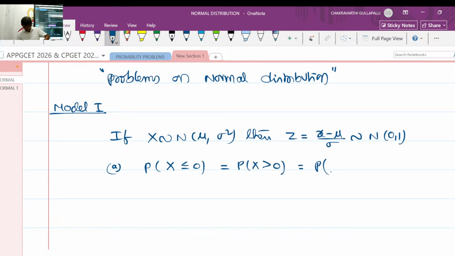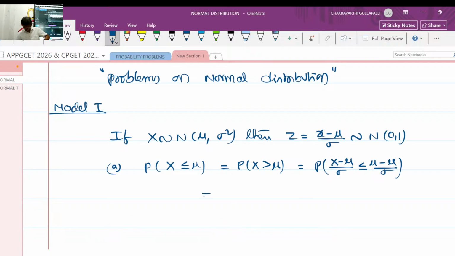Now convert X into Z: subtract mu and divide by sigma on both sides, 0 minus mu by sigma. Here this is the mu value, because X is a normal variate with mean mu, not 0. Either on the left side or the right side.